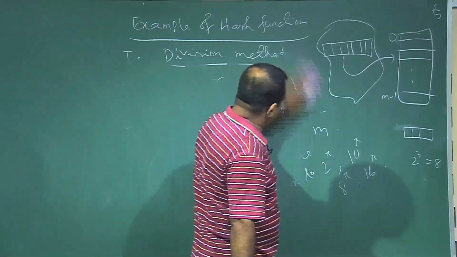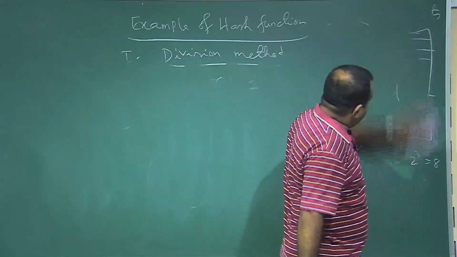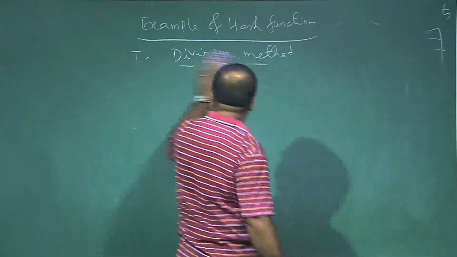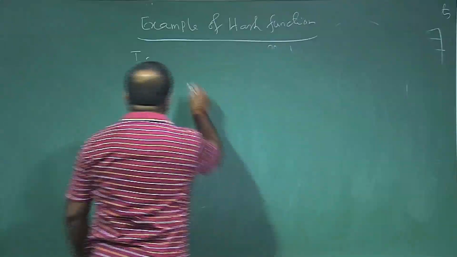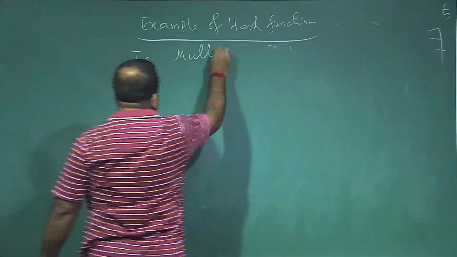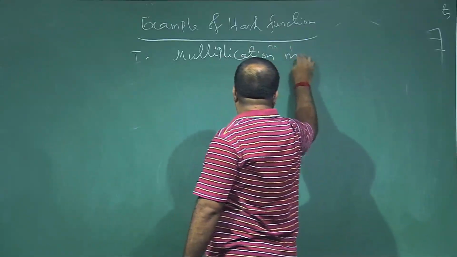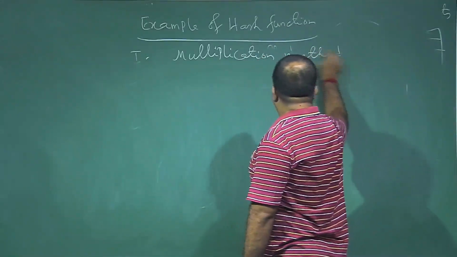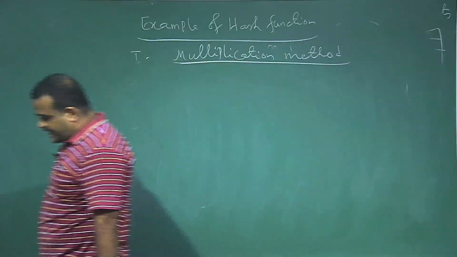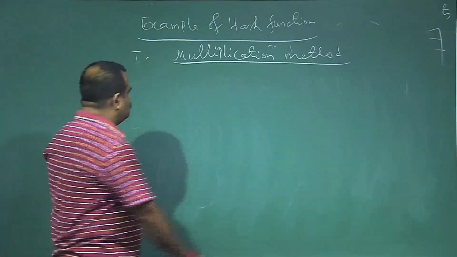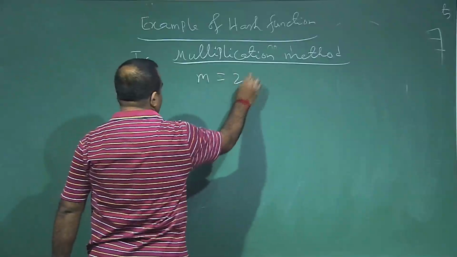This is one example of a hash function. So, another example is using the multiplication method. Okay. So, in this case we are allowed to choose m to be 2 to the power r.